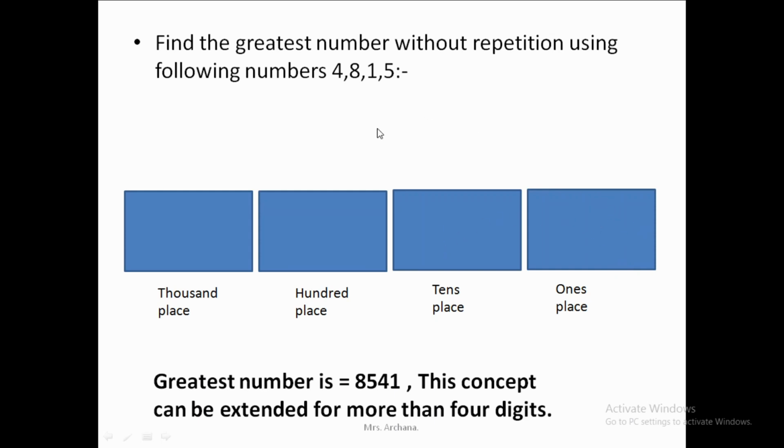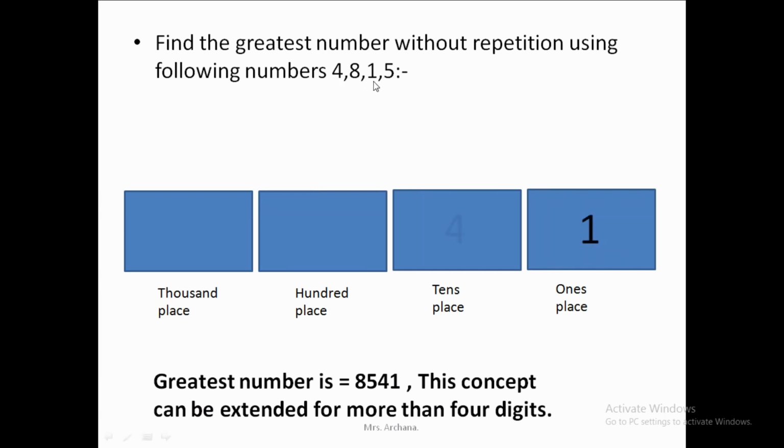Then in the tens place, the next greater, means which one is the next greater than 1, that is 4, that we are going to place in the tens place. Then the next greater that we are going to place in the 100 place is 5, so 5 we are going to place here. The next greater is 8, we are going to place in the thousands place. Let's see, ones place is 1, this is the smallest number.